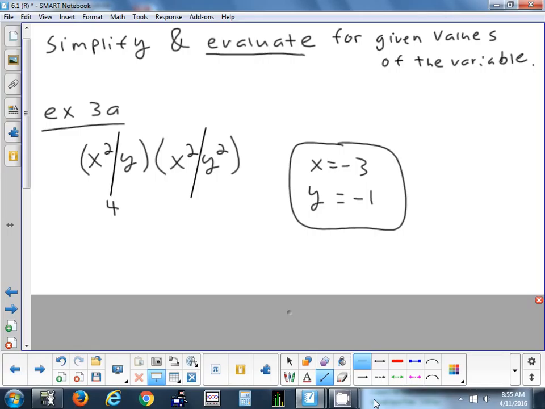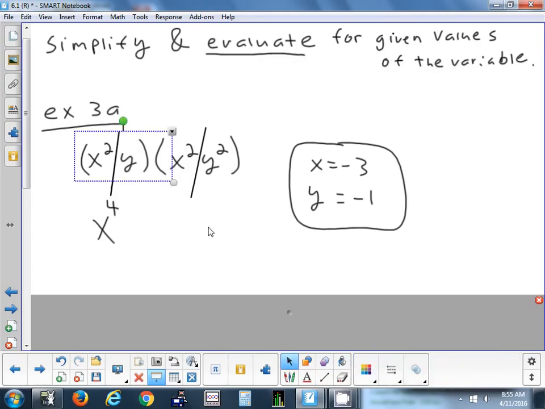What needs to be with it? Nice job. Perfect. Remember, keep the base, keep the big guy, add the small guys. Davin, what about the y's, my friend? And you can't say I don't know. Y what? Perfect. Thank you very much, my friend. All right, x to the 4th, y to the 3.